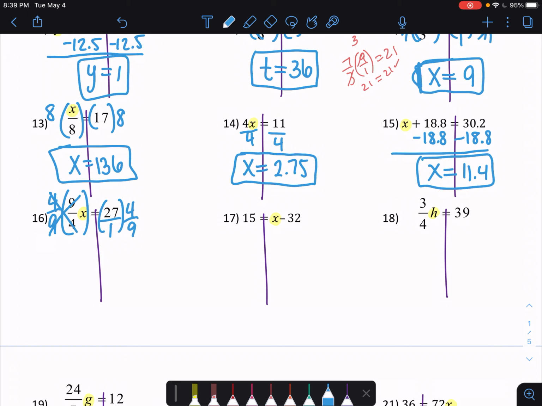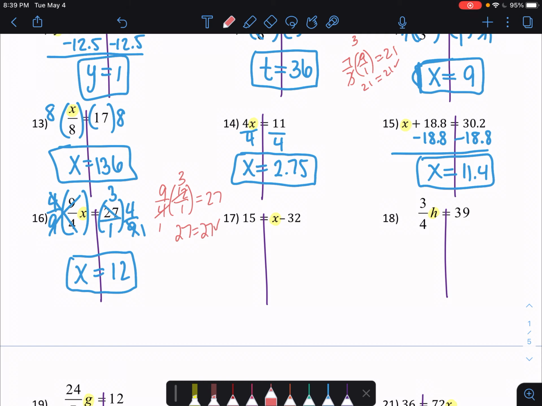So these cancel, and I'm left with x. This becomes a 3, and this becomes a 1, so x equals 12. To check the fraction one, 9 over 4 times 12 over 1 is equal to 27. So these cancel, and 27 equals 27.